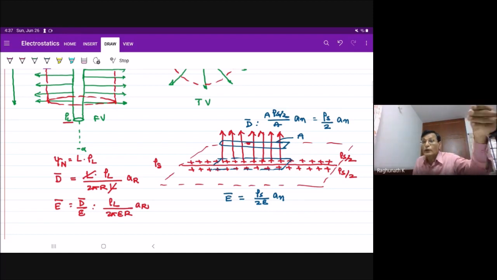At any point in the region, if you draw a small surface perpendicular to the flux lines, flux per unit area on that small surface will give me flux density in the direction perpendicular to the surface. Flux density divided by epsilon will give me electric field intensity. Using that also we could determine it.